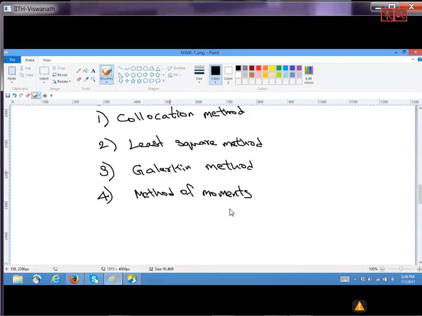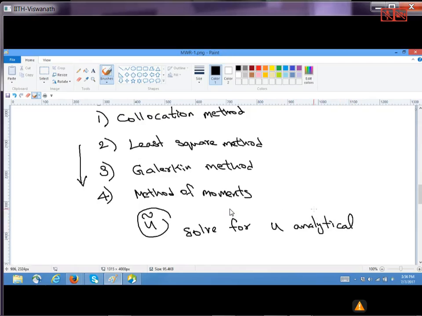So let us review all these four methods, and using these four methods I will show you how to obtain my u tilde. Even before attempting u tilde, I want to solve for u analytically. Why do I want to solve analytically?